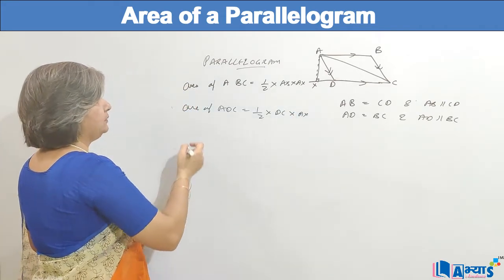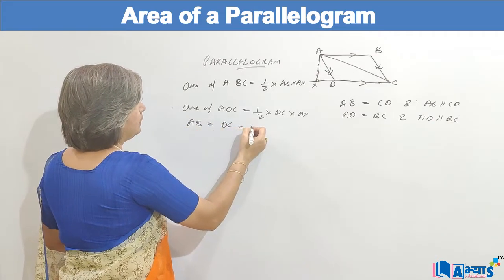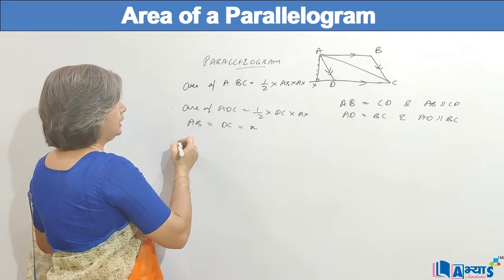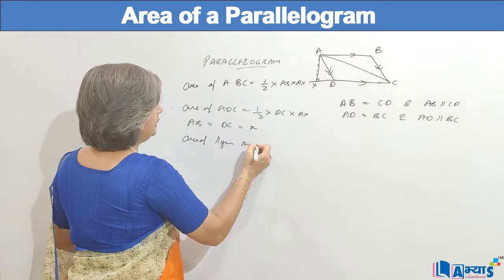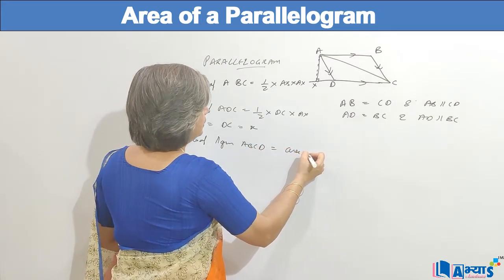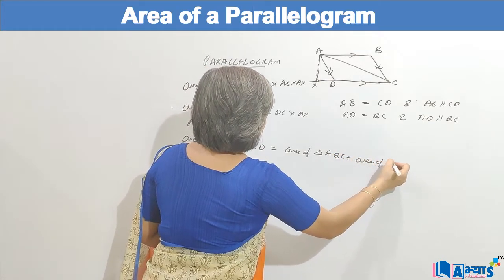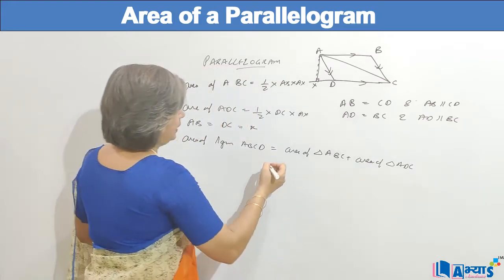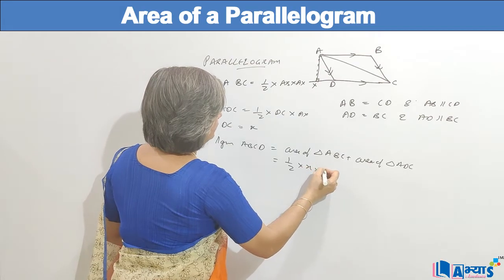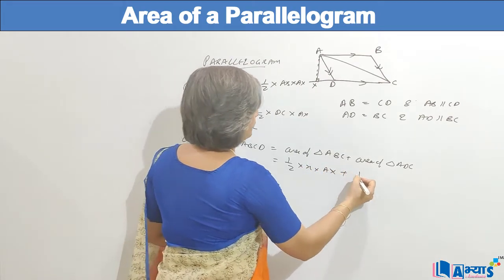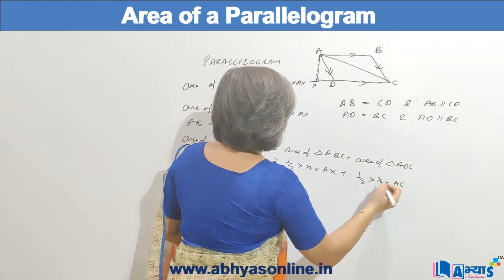As we know that AB is equal to DC, let it be equal to X. So we can say that area of parallelogram ABCD is equal to area of triangle ABC plus area of triangle ADC. Area of triangle ABC is equal to half into AB, which is X, into AX, plus half into DC, which is also equal to X, so X into AX.